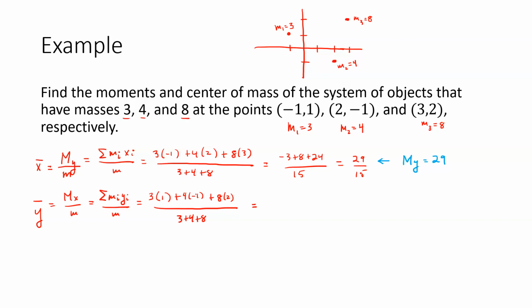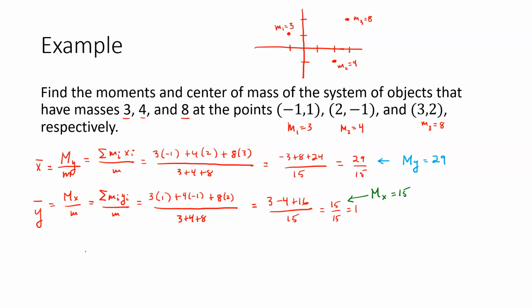That's 3 minus 4 plus 16, so we get 15 over 15, which is of course 1. And that's the y-coordinate of our center of mass. Notice the moment about the x-axis, Mx, is equal to 15.